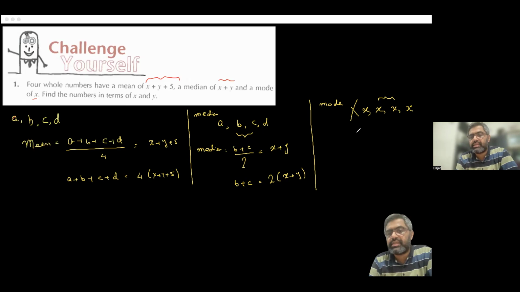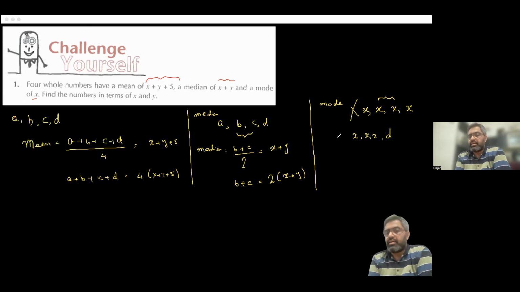Can we have 3 of the same type, like x, x, x, and maybe the 4th one is D, or x, x, x at the end and A in the beginning? But in that case, again, the median has to be x, but we have a different median, x plus y. So this shows we cannot have 4 x's, we cannot have 3 x's, we cannot have 1 x. So there has to be 2 x's.